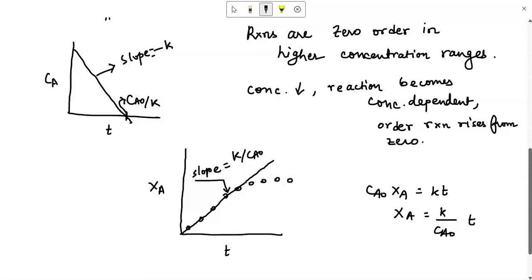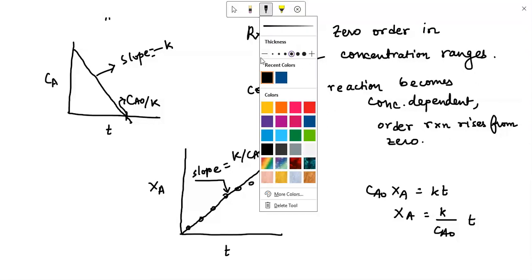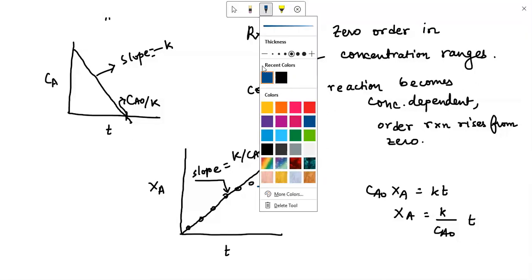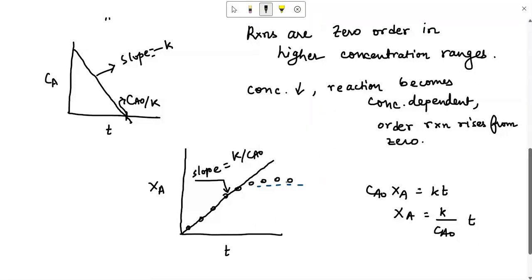But note that as the concentration decreases and with increase in our conversion value, the concentration of A is being consumed. So the reaction order has now started shifting. Let me mark it with a different color so that it is easier to understand. At this point the order is changing, so there is deviation from zero order kinetics over here.